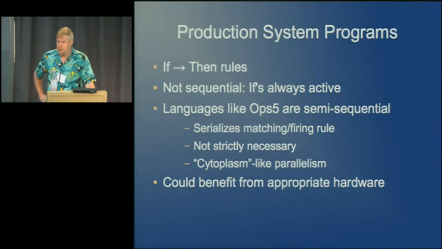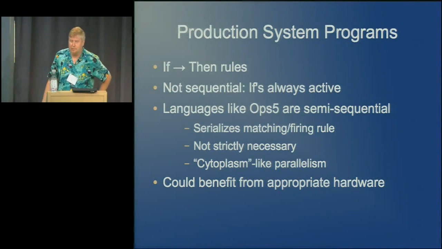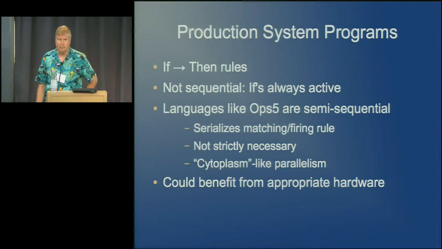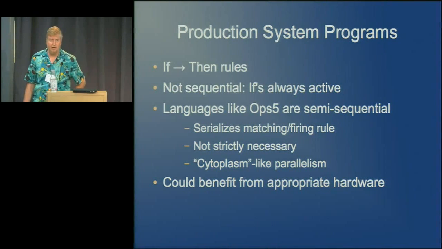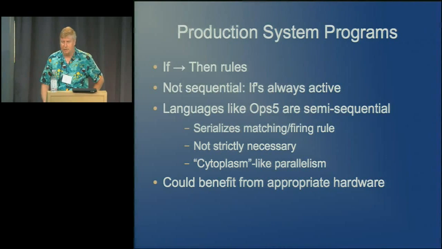Basically you have a big pile of if-then rules, and without running them sequentially, you just have some hardware or software that whenever an if rule happens to be true, the then rule fires and changes the state of your memory. The if rules can take input from both memory and input. And obviously, this being a very parallel kind of process, it can use appropriate accelerating hardware.